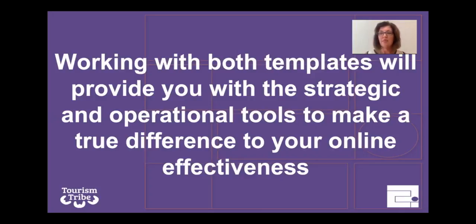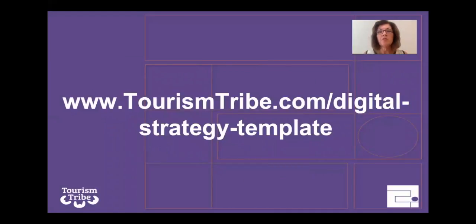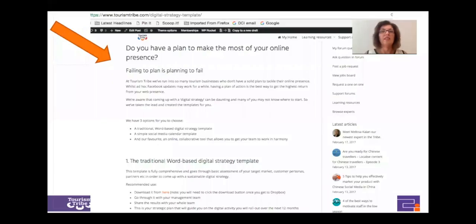How you access both of these templates comes from one of the resources on Tourism Tribe, which is at tourismtribe.com digital strategy template. Now you can get to that by just typing in that URL, or you can also find it under Learning Resources. Now, if you go to that page on Tourism Tribe, you'll find this information here.